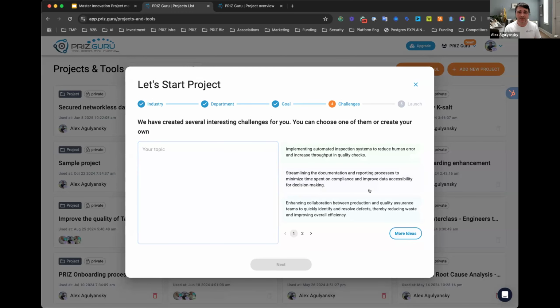Usually, this piece is done to get your wheels going, not necessarily to give you an answer, but to get you thinking about what you're going to do, what your real challenge is that you're working on. And again, just for the sake of this demo, I'll select one of them, just not to waste time.